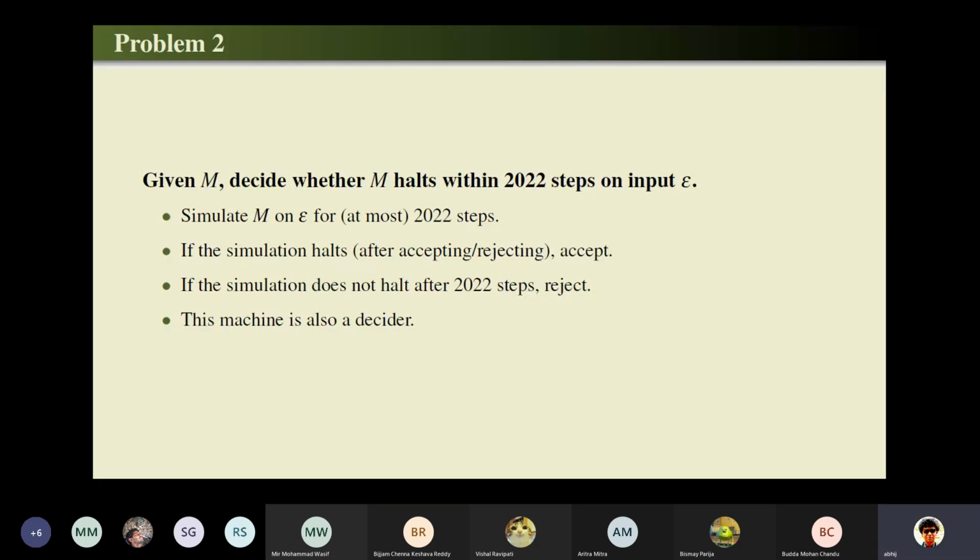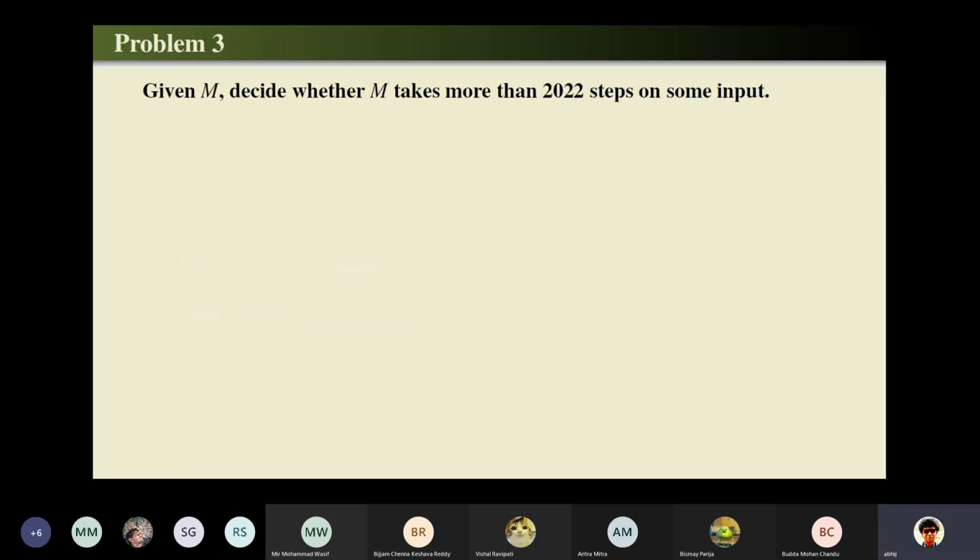Okay, so let's now look at a third thing. This apparently does not look like a decider. This says that given M, decide whether M takes more than 2022 steps on some input. Because now a single simulation will not settle this issue.